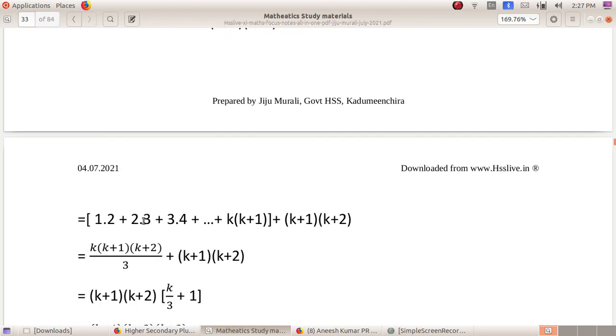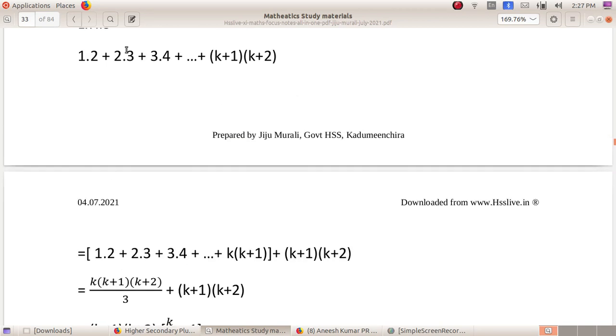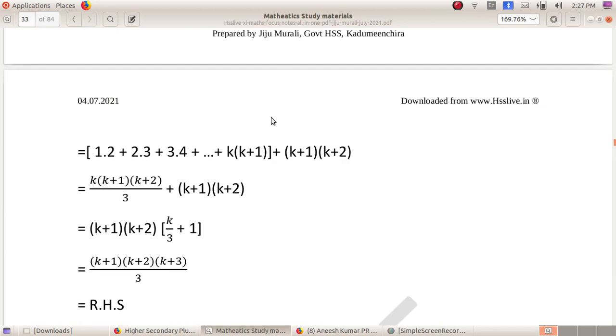1 into 2 plus 2 into 3 plus 3 into 4 plus etc. plus k into k plus 1, up to this p of k. Okay, by our assumption it is true. Then k plus 1 into k plus 2, that is p of k plus 1. Then up to this, k into k plus 1 into k plus 2 divided by 3. 1 into 2 plus 2 into 3 plus 3 into 4 plus etc. plus k into k plus 1 means k into k plus 1 into k plus 2 divided by 3.